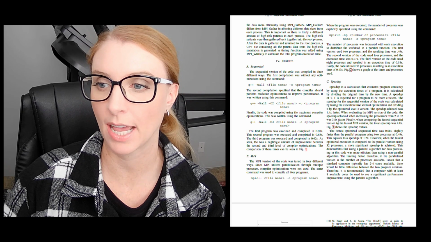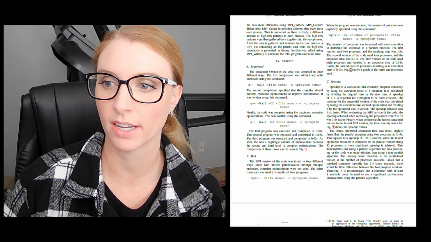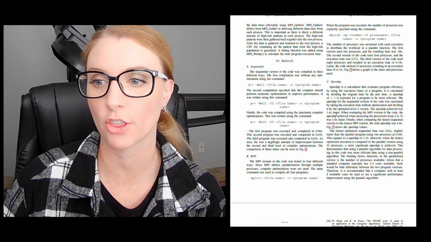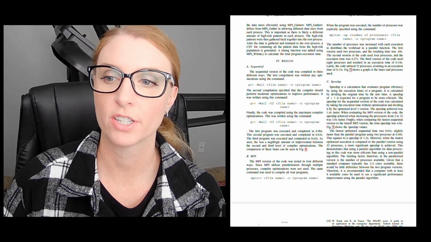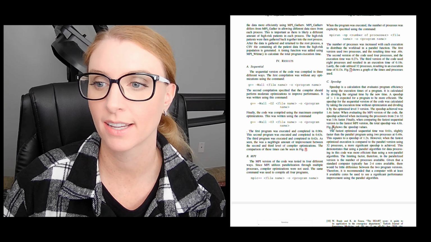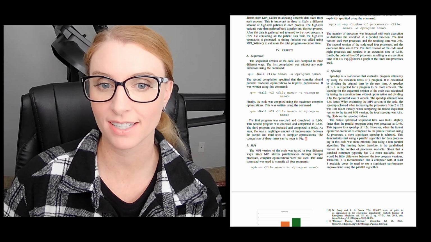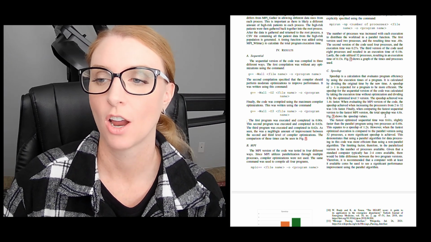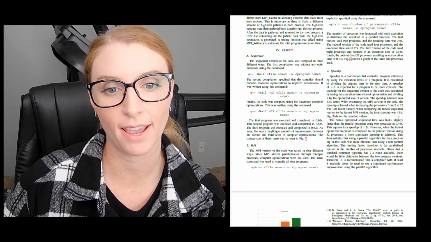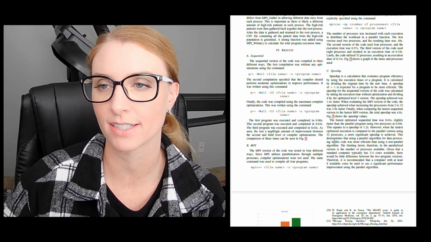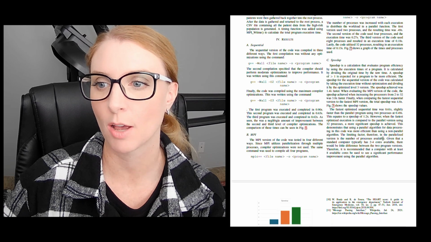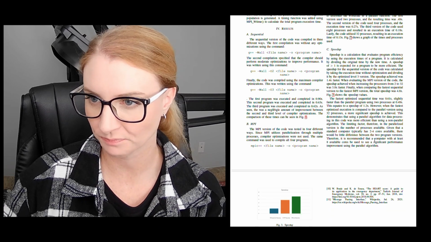And then in the MPI version, when looking at 2 processors to 32 processors, we achieved a speedup of 3.8. So looking at the fastest sequential version to the fastest parallel version, our total speedup was 4.8, which is very significant when you're looking at large amounts of data to process.